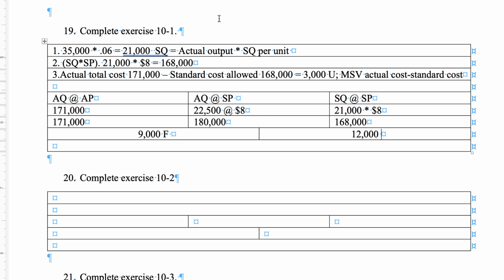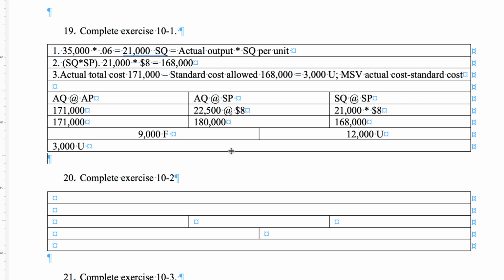I'm unfavorable. How do you know? Based on the standard price, the actual quantity cost was $180,000. However, based on the standard price, the standard quantity that I should have used should have cost $168,000. So I'm unfavorable. The spending variance is the difference between the $9,000 favorable and the $12,000 unfavorable. So there's where I get my $3,000 U, unfavorable.